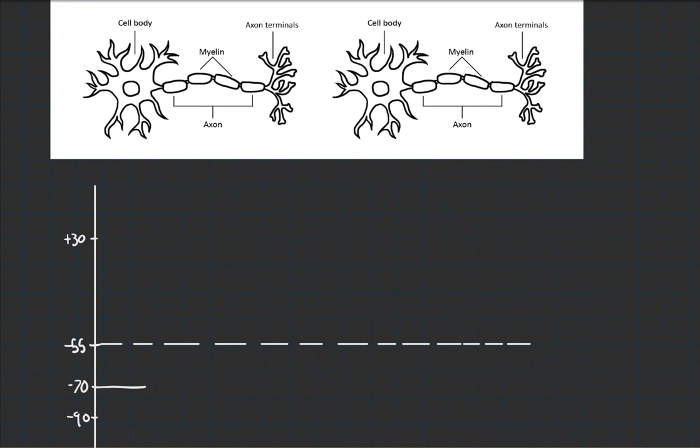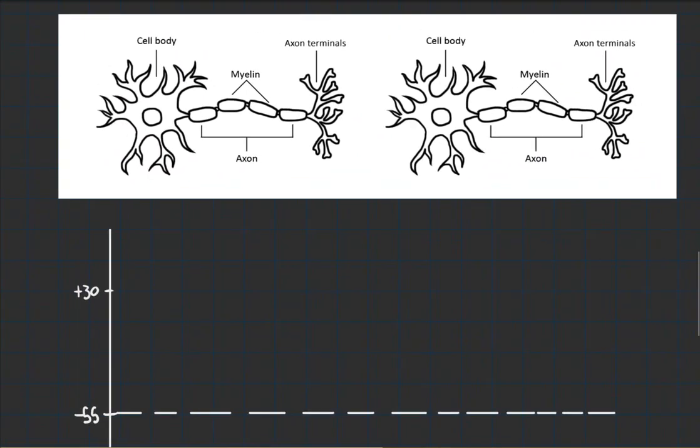But let's say you could imagine another neuron over here, before this one, that releases a bunch of neurotransmitter into this synapse. What this neurotransmitter is going to do is bind to a bunch of ligand-gated ion channels.